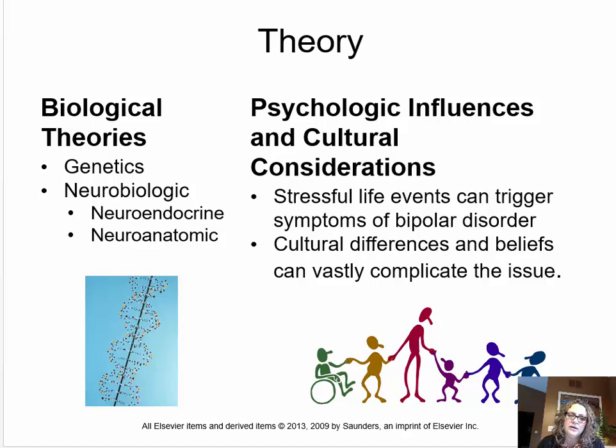Neuroendocrine theory supports there's a disruption of the hypothalamic pituitary adrenal axis functions that modulates the stress response. And the neuroanatomic theory is that there's a ventricular enlargement, cortical atrophy, and sulcal widening, which is seen on an MRI.